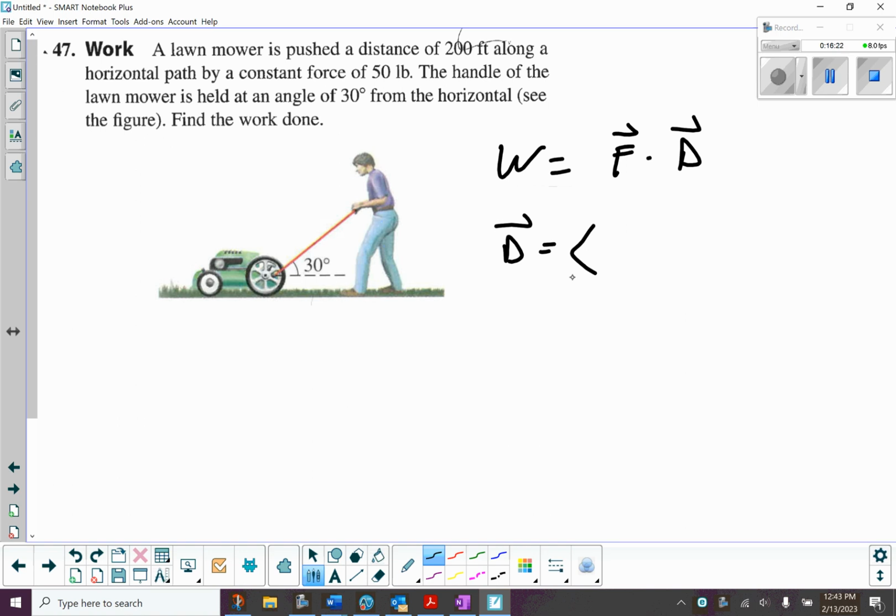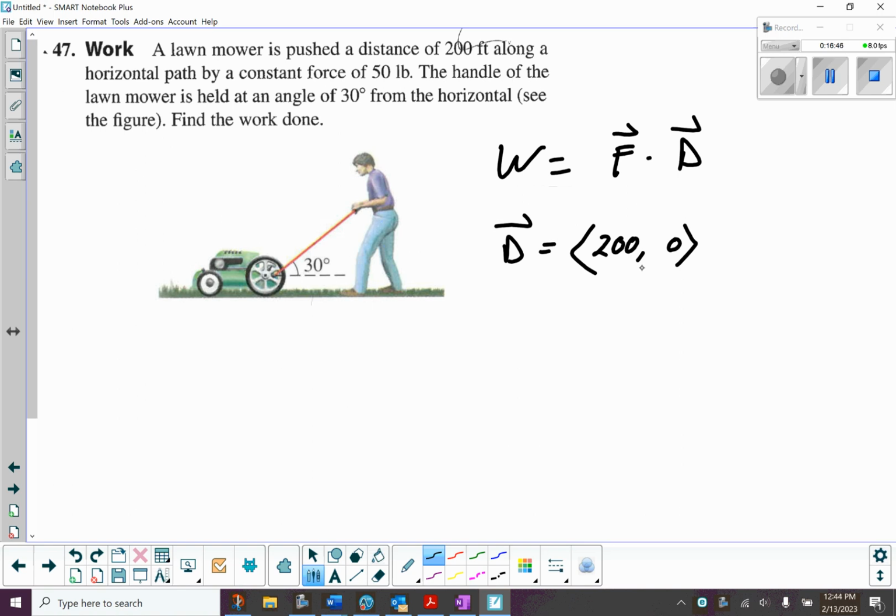The horizontal component, again, I prefer component form to unit vector form. If I can remember to write the pointy brackets, we're good. Let's say it's 200 feet to the right. So my A value there, I'm going to have that as 200.